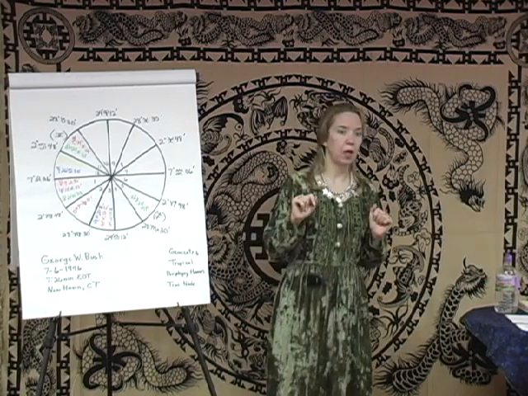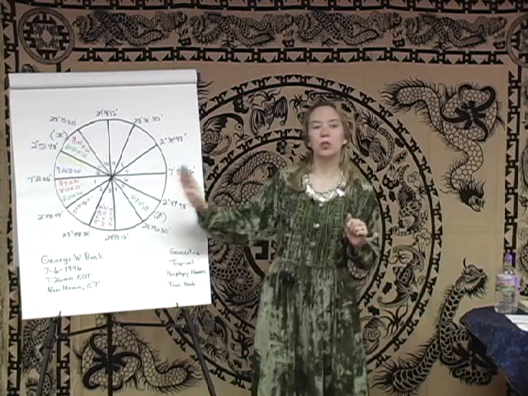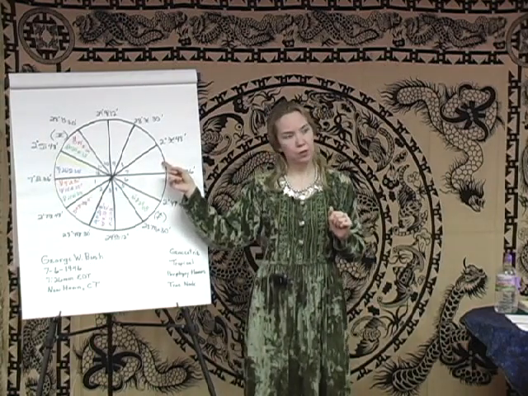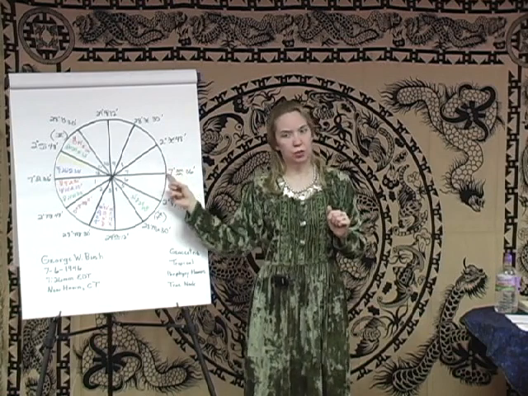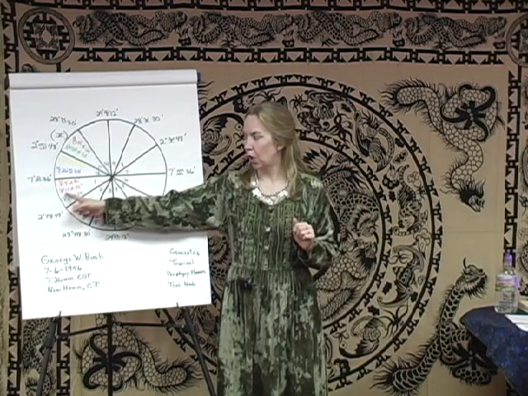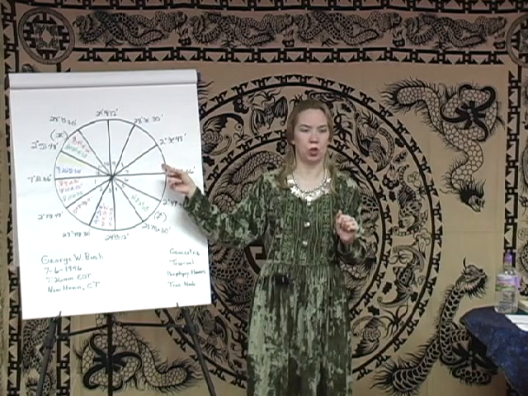to have a broader understanding of something. And so if we look at this example right here with Bush again, and we look at a first house Pluto, the evolutionary intent of the soul is in relationships this lifetime. They're having to learn how to get out of self, first house, and move into relationships.